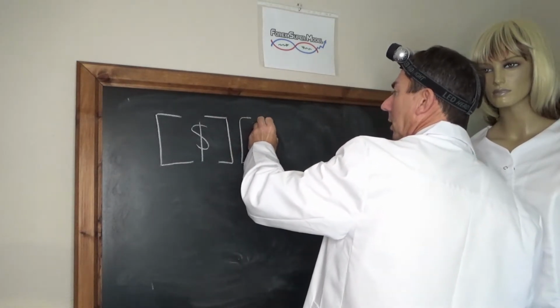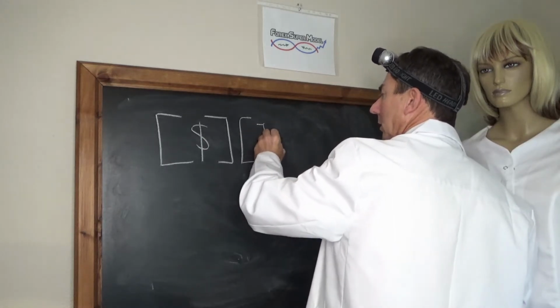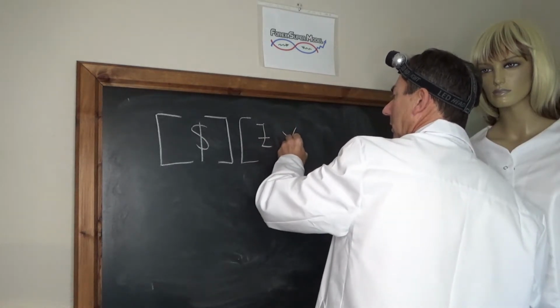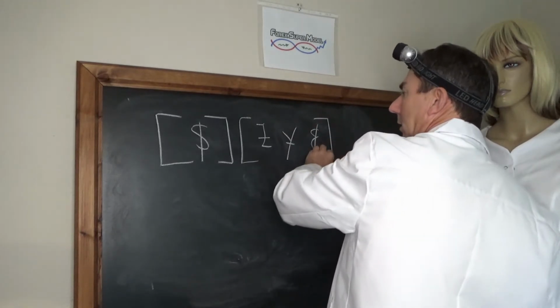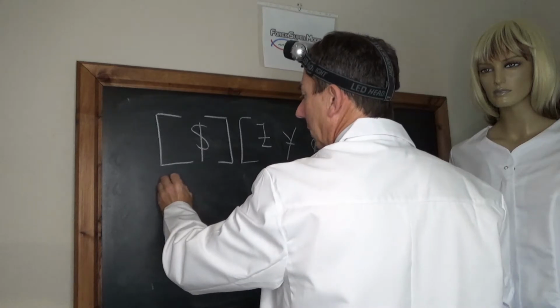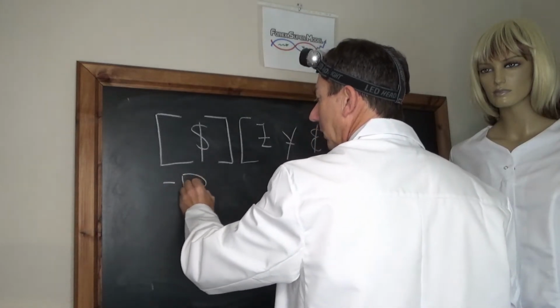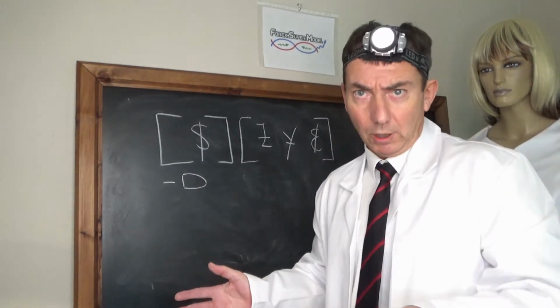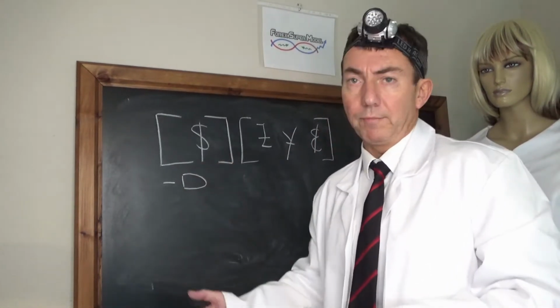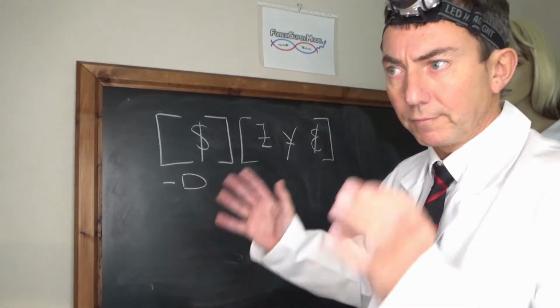So we've got pound, yen, euro. So this is our negative driver. Everybody's bailing out the dollar.